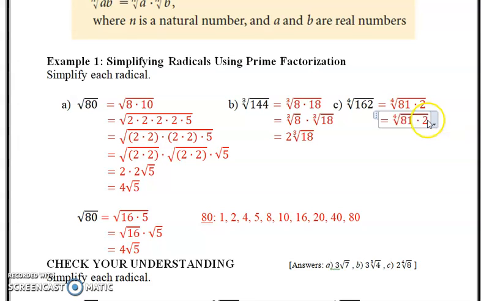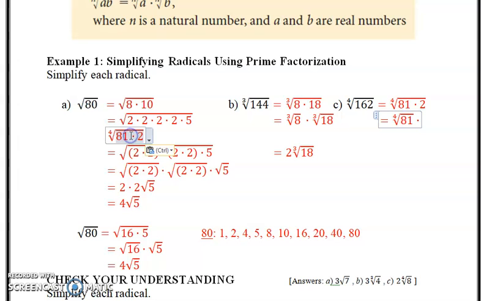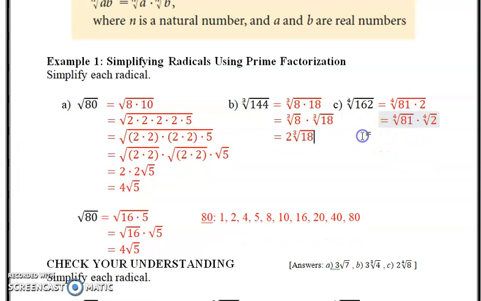So we split this into 2 radicals. Oops, sorry. So the fourth root of 81 multiplied by the fourth root of 2. Okay.